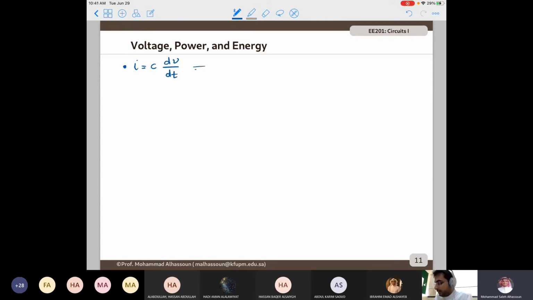Here we'll do the opposite. If I multiply both sides by dt, I will get C dV.